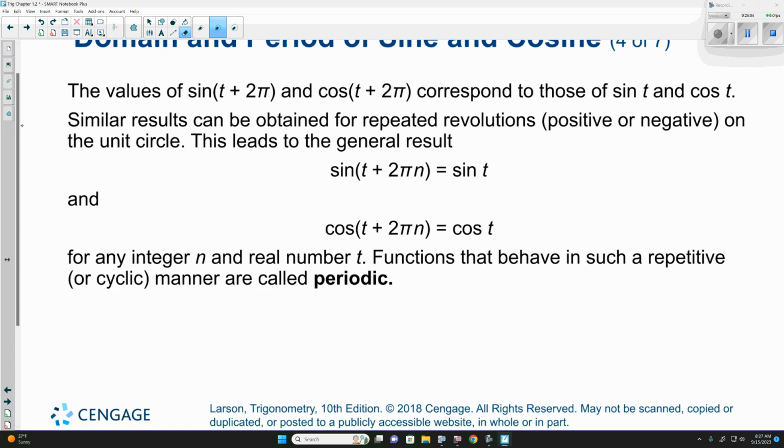Similarly, the value of sine of t plus 2 pi and cosine of t plus 2 pi correspond to those values of sine and cosine of t. We've seen that already. Sine of t plus 2 pi n is equal to sine of t. Same with cosine. For any integer n and real number t, functions that behave in such a repetitive or cyclic manner are called periodic. They're periodic functions because they repeat themselves.